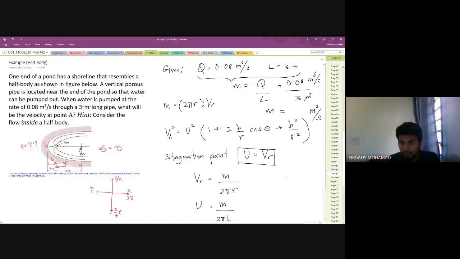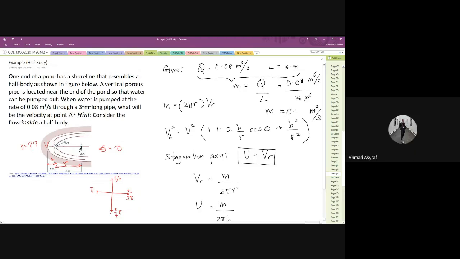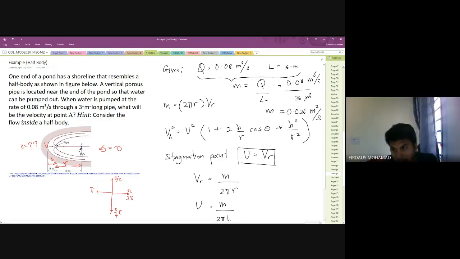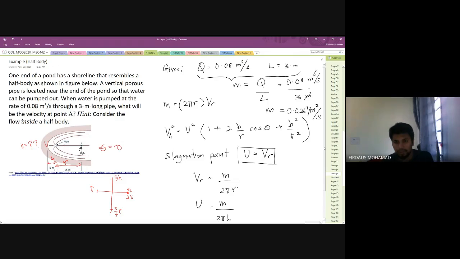So you will get m equal to 0.08 divided by 3, which is 0.0267 meter square over second. Okay, so 2 pi b.